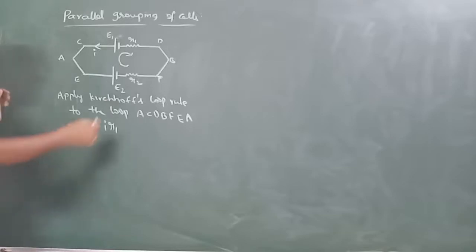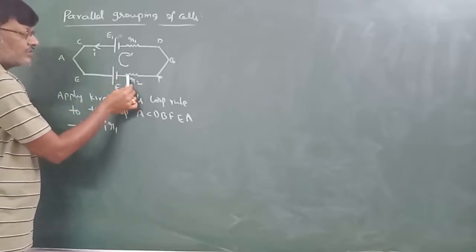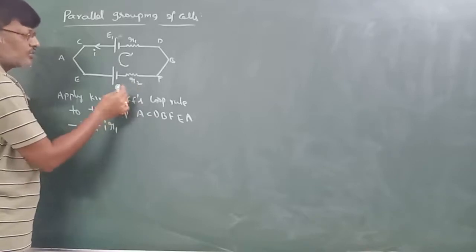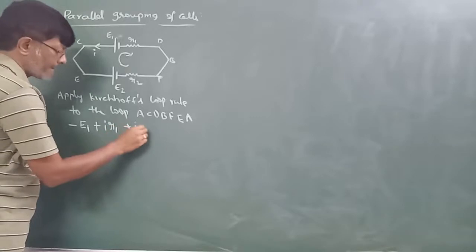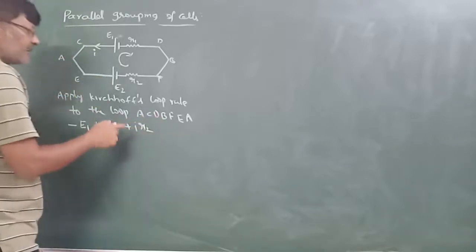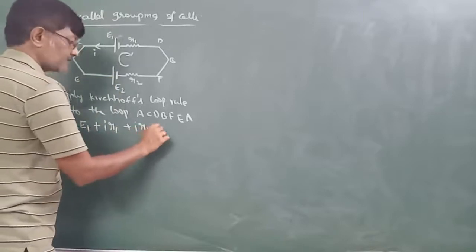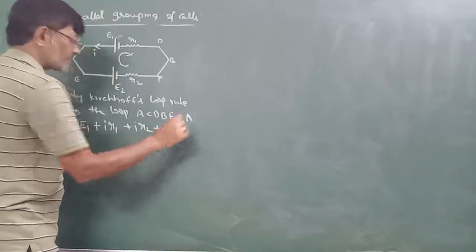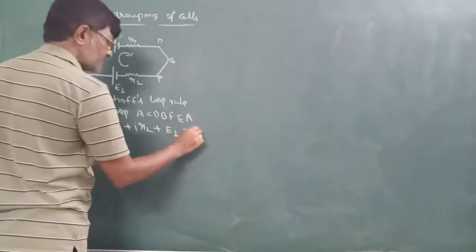Next, while crossing the cell of internal resistance R2, we observe potential rise again. Next, while crossing the cell of EMF E2, we observe the potential rise, and the sum is equal to 0.